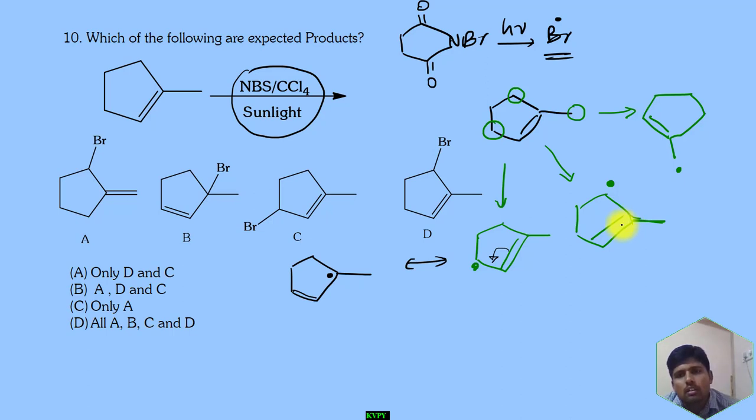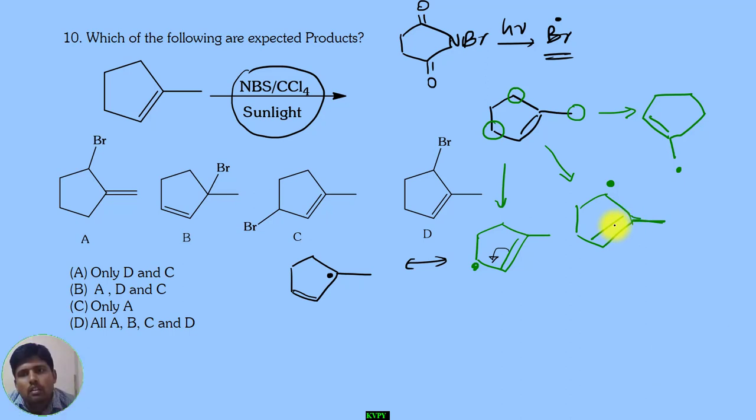And here it's going to be identical. Whether this bond shifts there or not, this is going to be identical. Now here also there is a possibility of resonance. If this bond shifts here, it will form something like this. Double bond outside and free radical here.